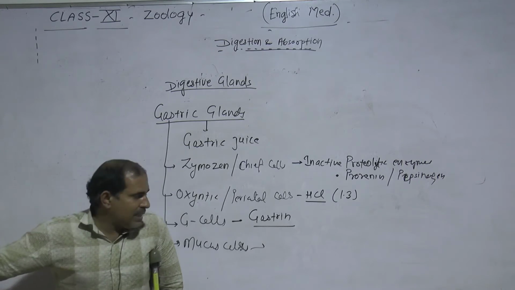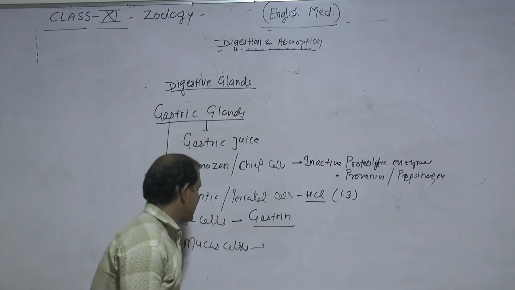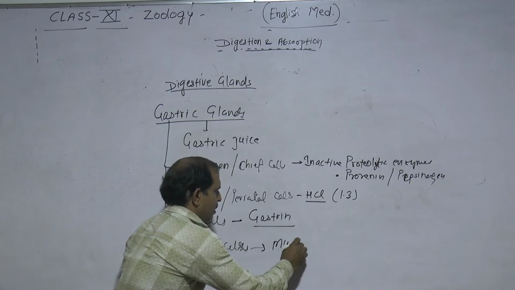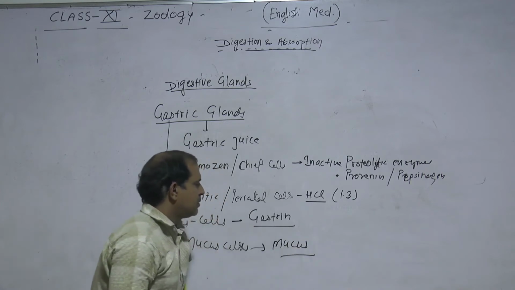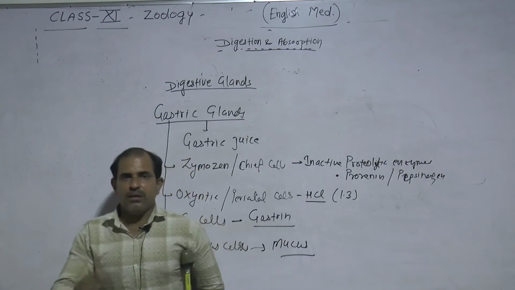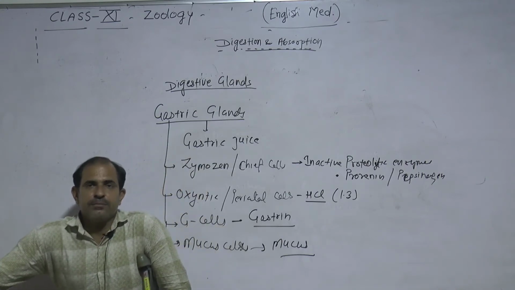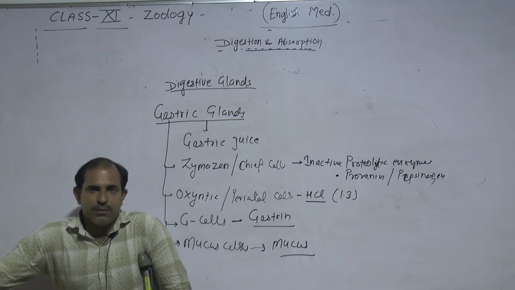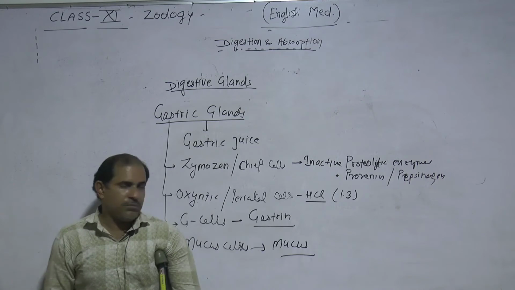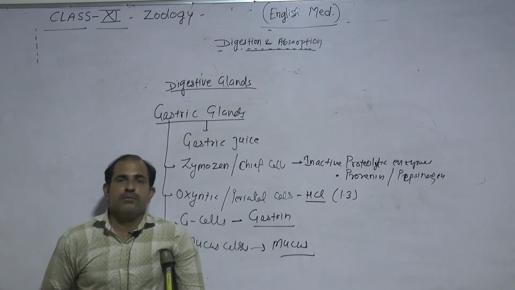And the mucus cells or goblet cells secrete mucus. It means a thick mucilaginous layer is present in the inner wall of the stomach. And why is the thick mucilaginous layer present?